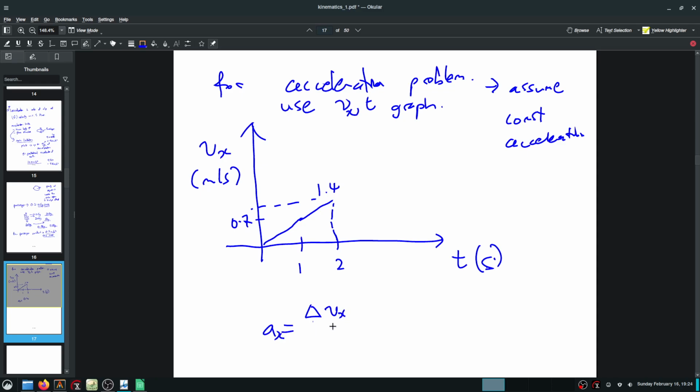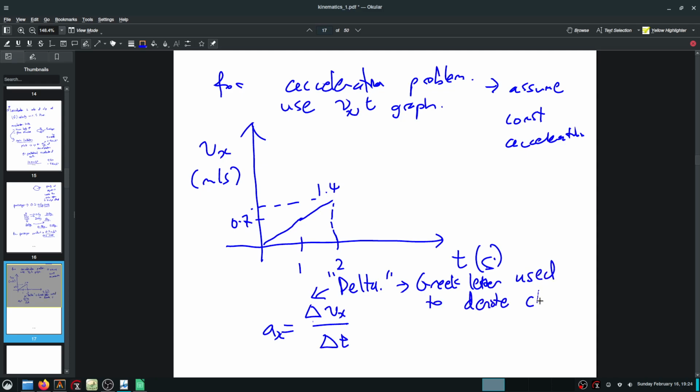Let's put the x direction again. Rate of change of velocity with respect to time. This is what we call delta, which is a common symbol. The small letter delta is this, or you may see this kind of d, but delta is the Greek letter used to denote change in physics.